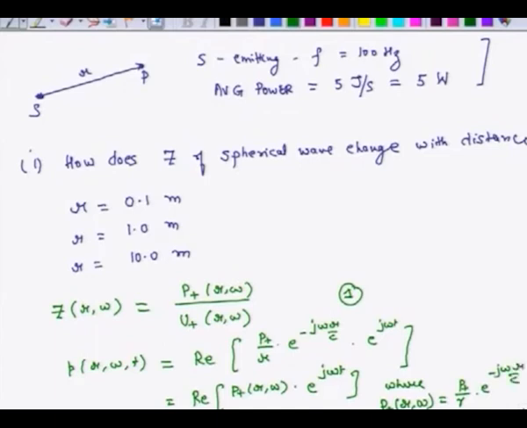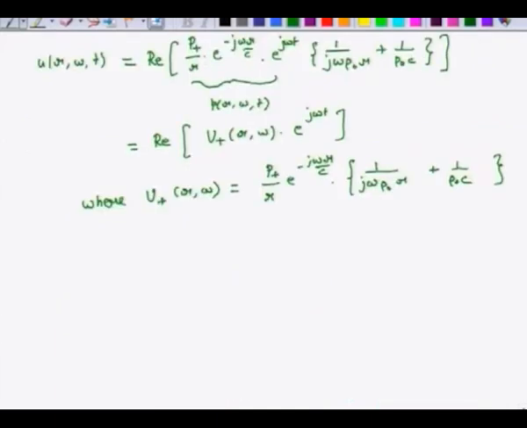So, I call this equation 2, and the equation here is 3.